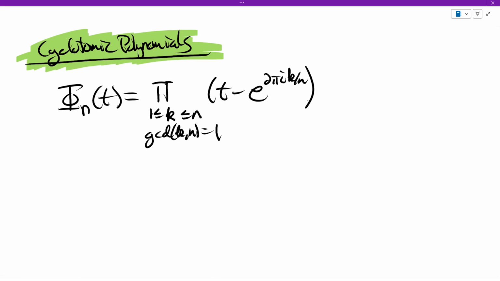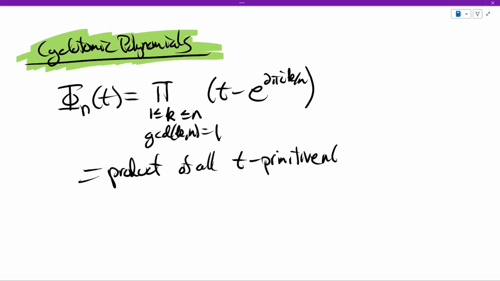Now that's a mouthful. All we're doing is looking at the product of all t minus a primitive nth root of unity.